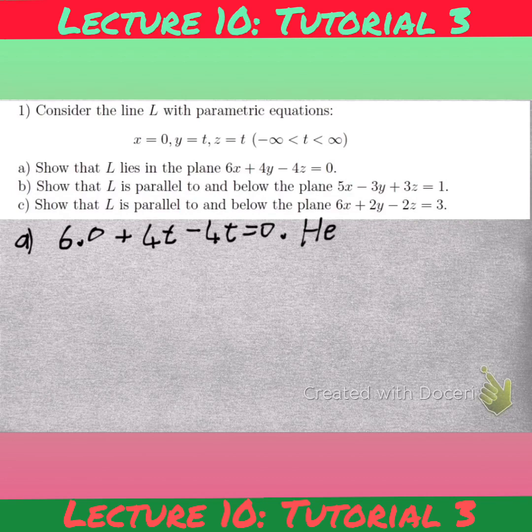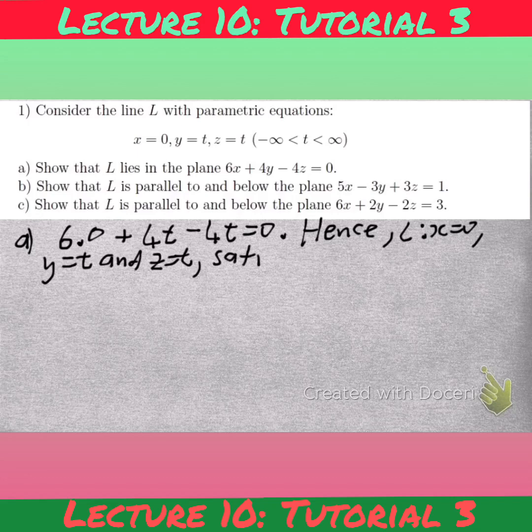Hence that whole line, where x is equal to 0, y is equal to t, and z is equal to t, satisfies the equation 6x plus 4y minus 4z.